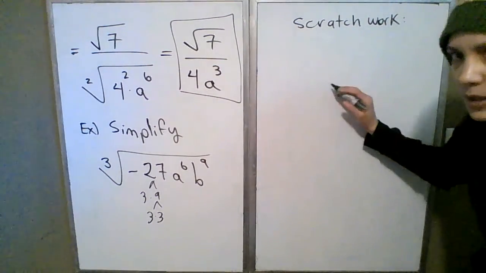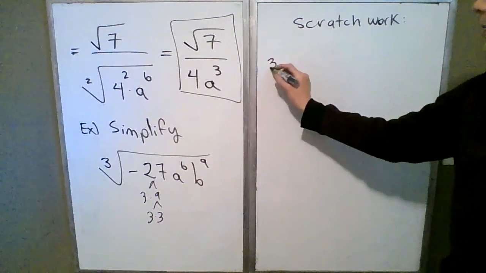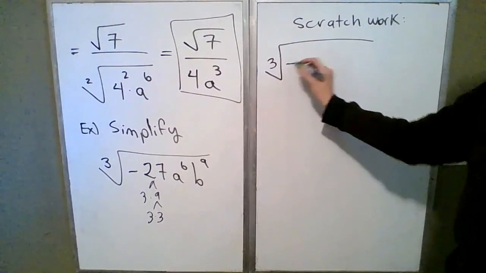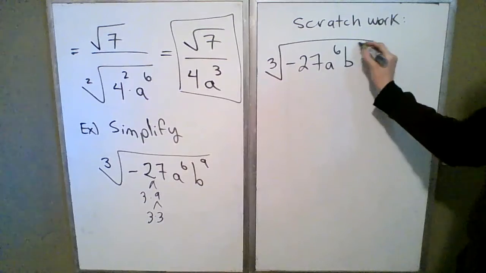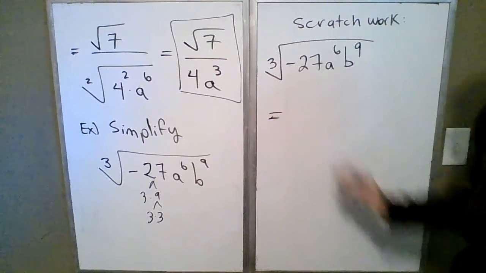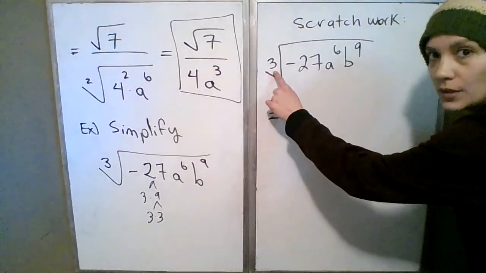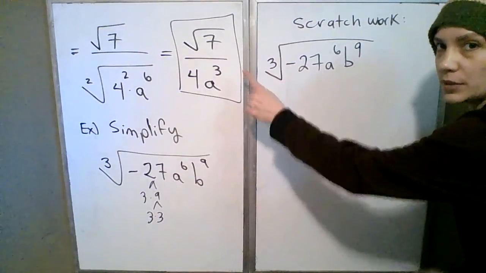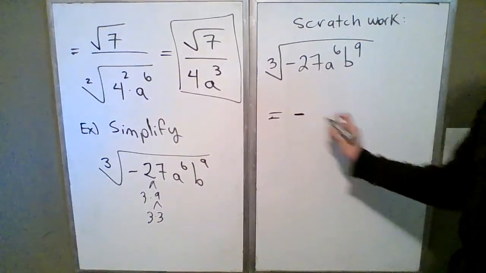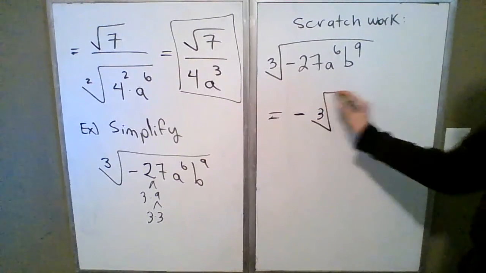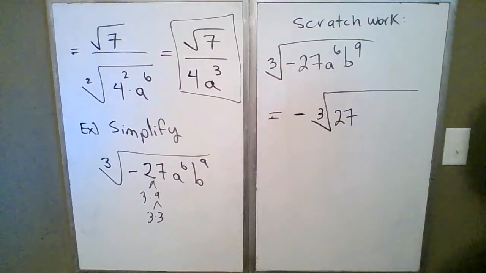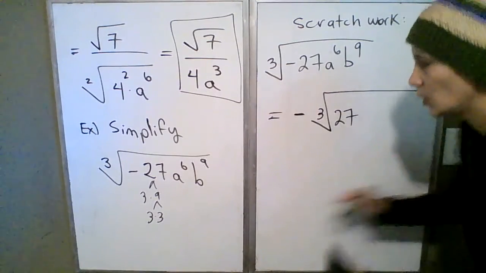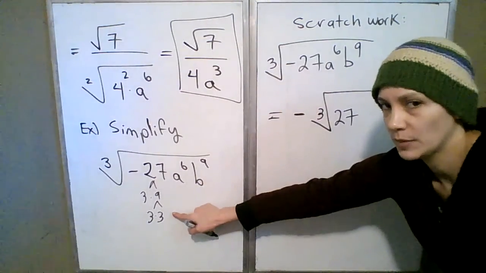Okay, just copy down the problem. With an odd root, you can take the negative out from under the root. And instead of putting this 27, we're going to replace it with its factored form of 3 cubed.